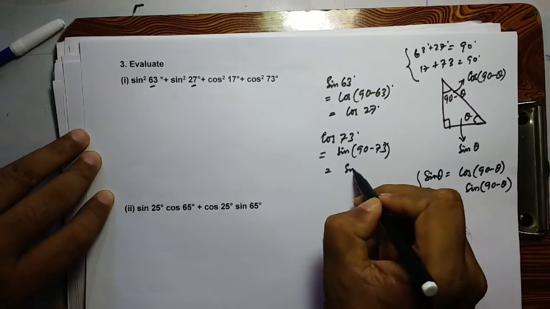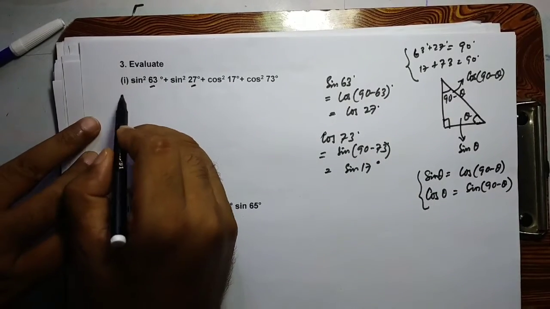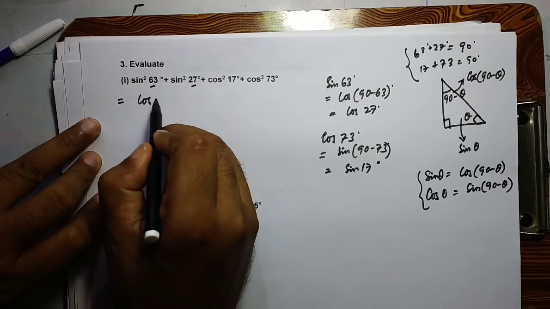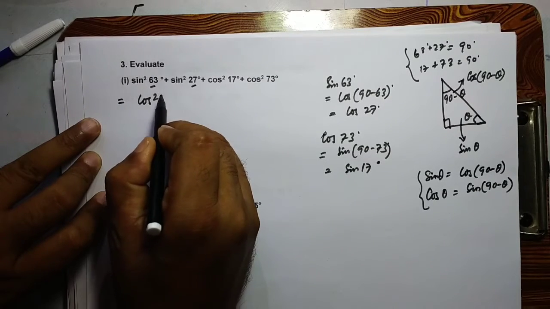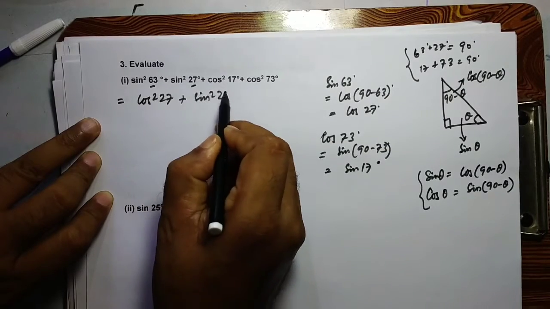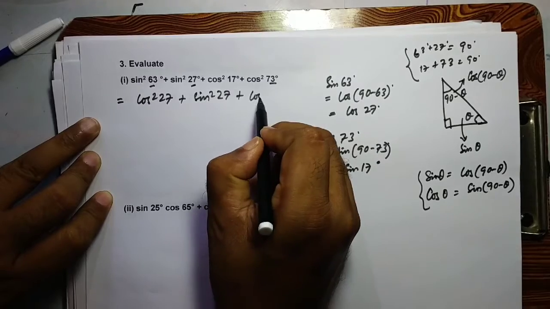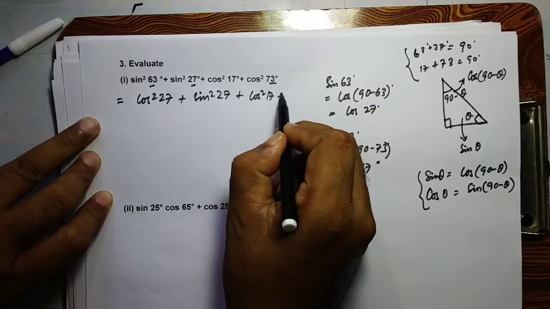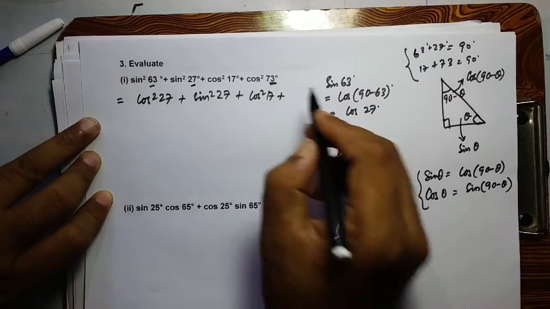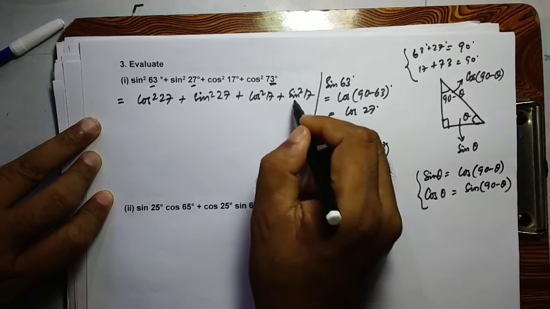So this will be sine of 17 degrees. So putting this value here, sine 63 is nothing but cos square 27, and this is sine square 27. And for this, cos square 17 plus cos 73, it is nothing but sine 17, so sine square 17.